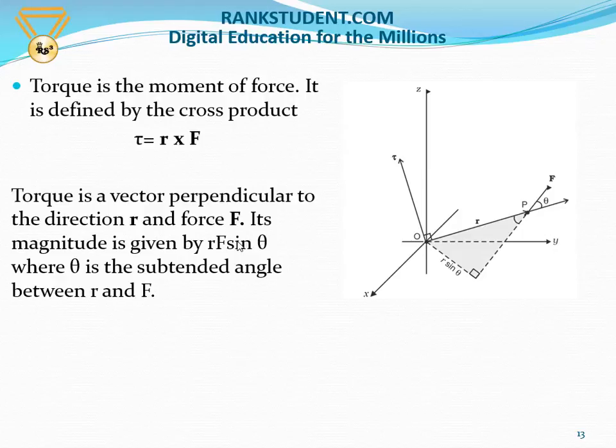In the diagram on the right-hand side, we have a point P, and the force acting on the point P, the location of point P being r, so that tau, which is r cross F, is a vector perpendicular to a plane defined by F and r and indicated by the axis along which the tau is acting, shown in here.